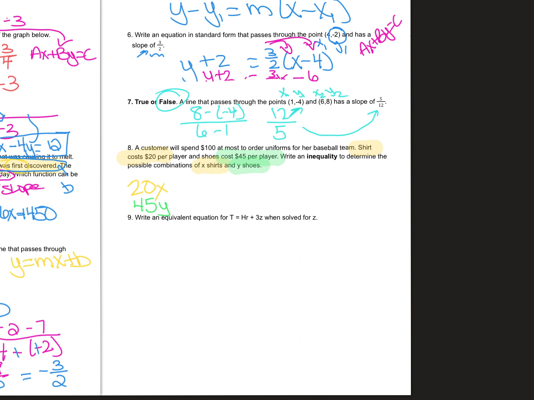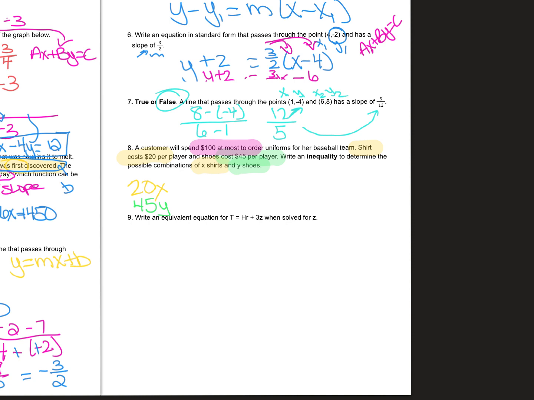And the last bit of information I know is that we are going to spend at most $100. So they could spend $100, or they could spend less, but we already know they're not going to spend $100 to the penny. Okay, so that's where this inequality comes in. So let's put it all together.